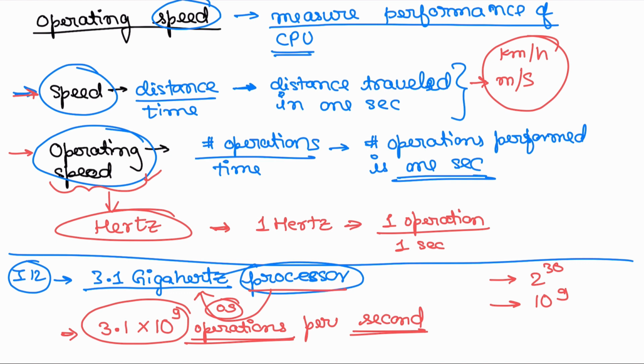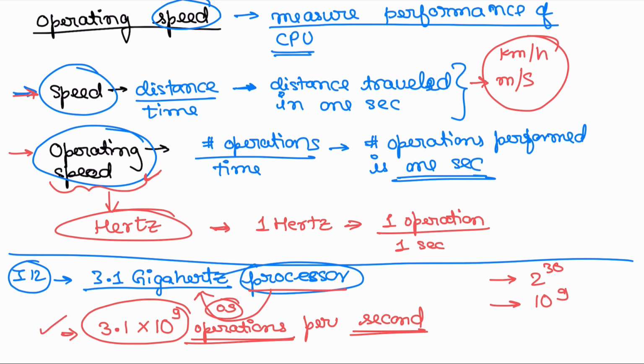So this is the operating speed of a CPU. That is why I told you that the CPU has the highest operating speed. The operating speed of the CPU is more than all the other components. Okay, you got an idea here.